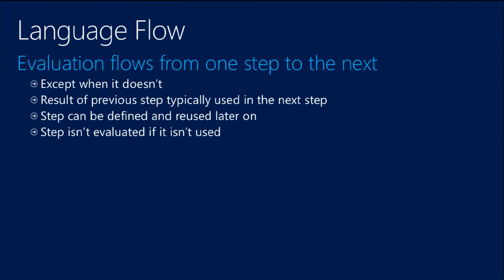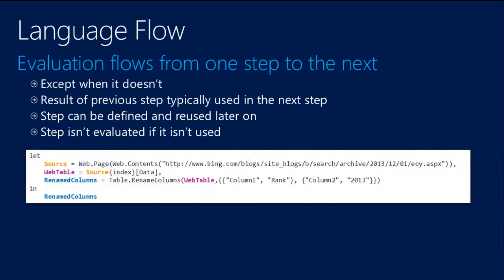Language flow. So if you see the code as we wrote it, we talked about how the language flows from one step to another, except when it doesn't. So if we look at this example here, we are connecting to a web source and assigning it to the variable source. And then in the next line, we're indexing, so grabbing actual data from that web source and assigning that to a variable called web table.